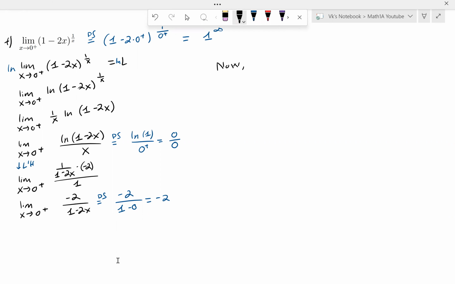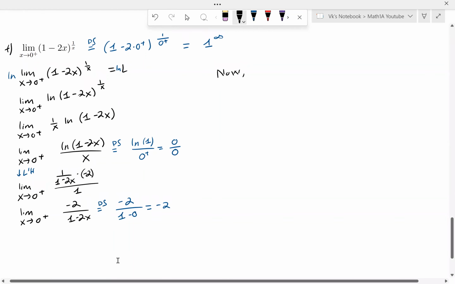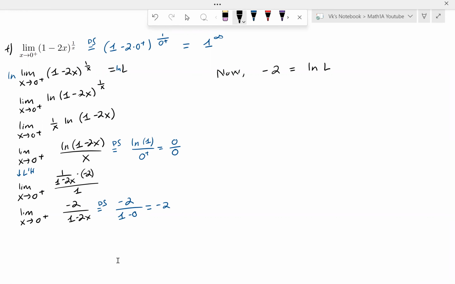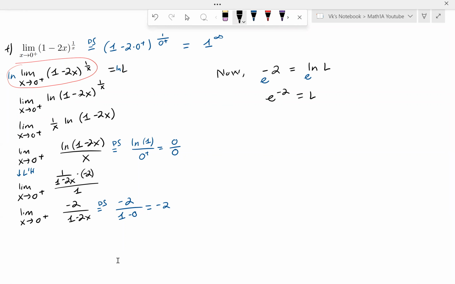Now we know that this limit here is exactly ln L, because what we did was this part. So to solve for L, take e as the base. And e to the negative 2 is L, or 1 over e squared.